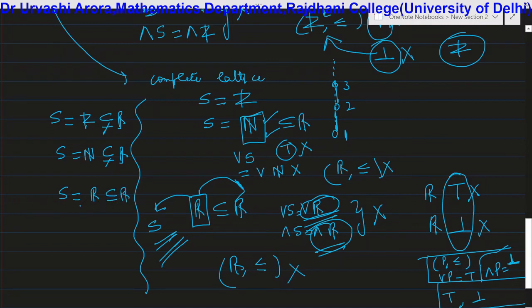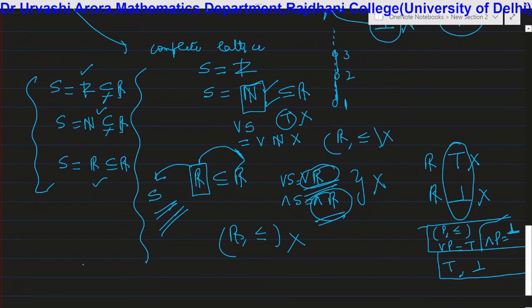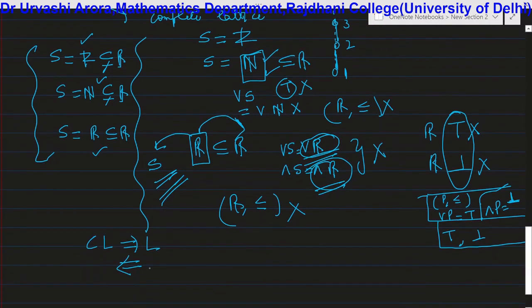In every case, using any S out of these three, or any other subset of the set of real numbers, like the set of rationals, we can show that the set of real numbers is a lattice but fails to be a complete lattice. That was the result between a lattice and a complete lattice: a complete lattice will always be a lattice, but the converse need not be true, which means that given a lattice, it is not necessary that it will be a complete lattice.